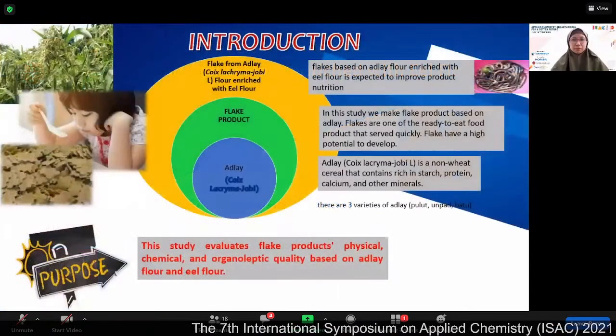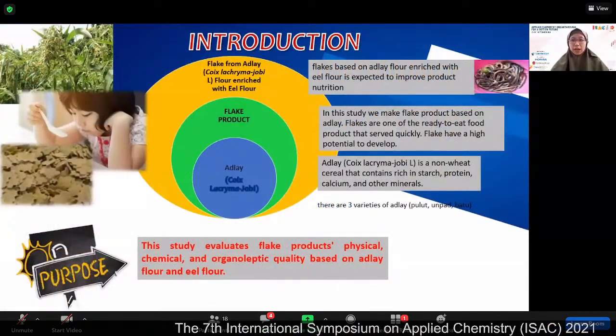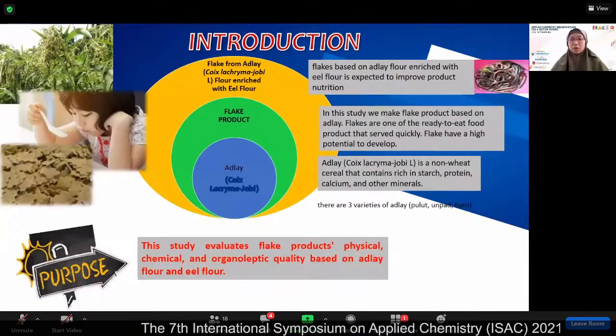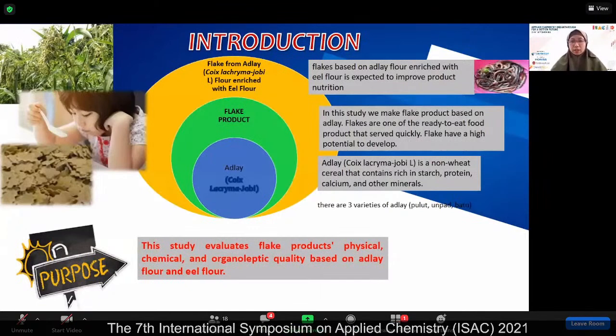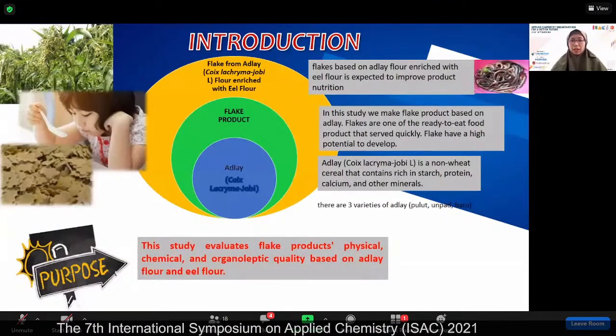The introduction. Adalah, Coix lacryma-jobi L., is a non-wheat cereal that is rich in starch, protein, calcium, and other minerals. There are three varieties of adalah: pulut, unpad, batu. In this study, we make a flake product based on adalah.